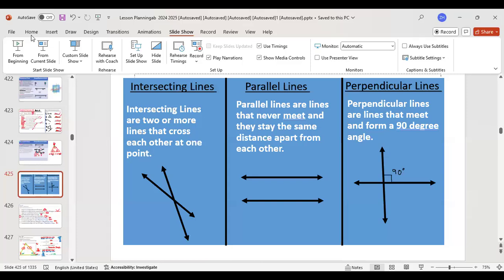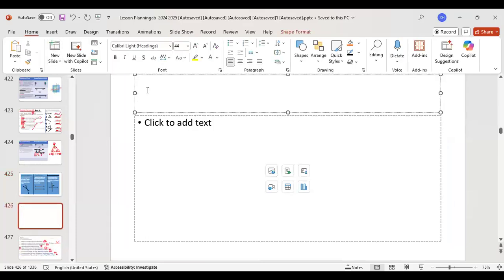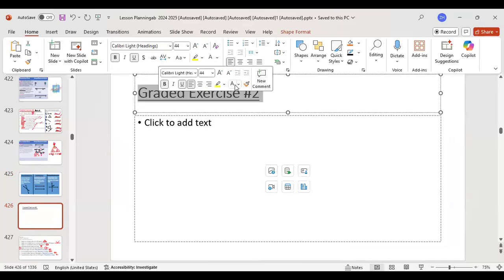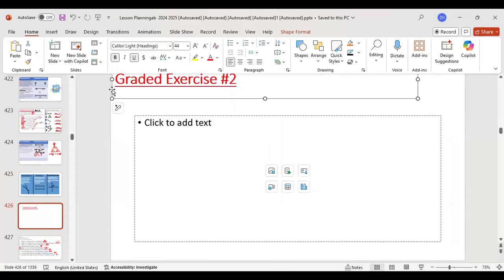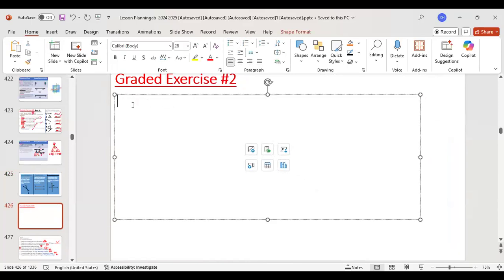Good. So let's go ahead and do this. This is going to be exercise number 2. Correctly label each geometric structure.